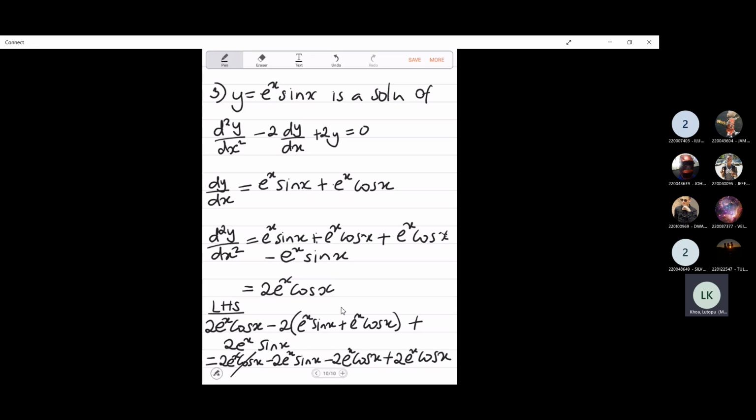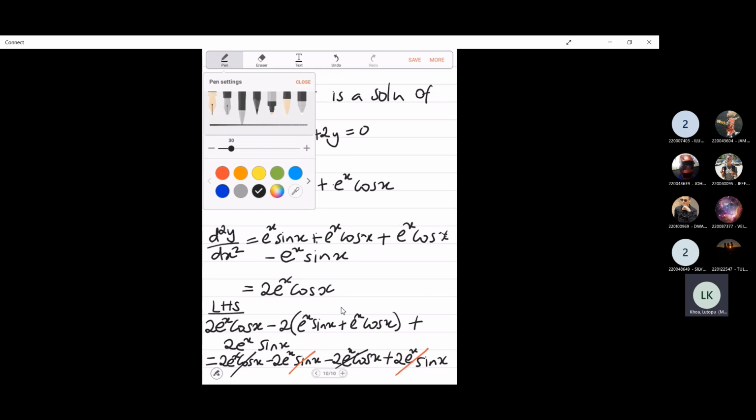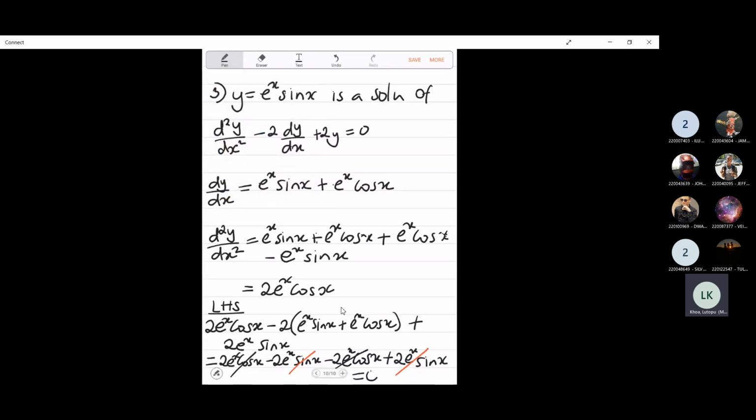Sorry, the last one should be sine. Okay, so that cancels with this one, and then this one cancels with that one, and this is equal to 0, which is my right hand side, and then I'm done.